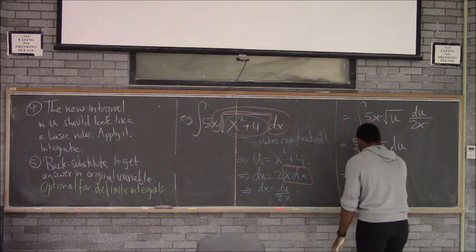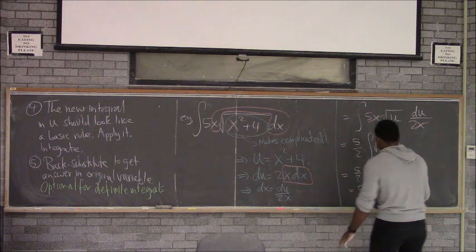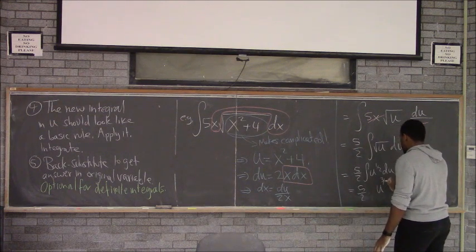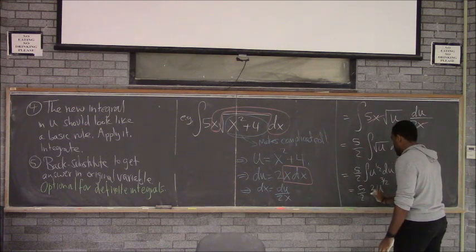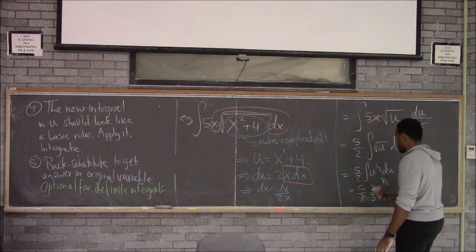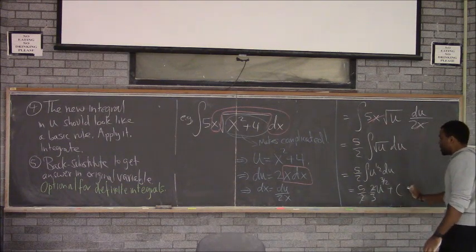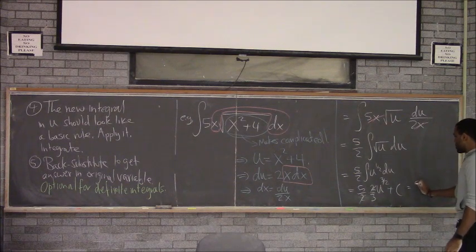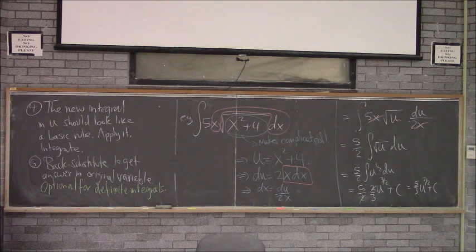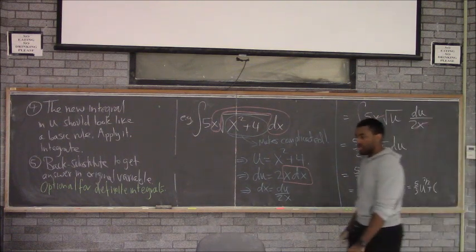So I add 1 to the power, I get 3/2, divide by the new power, 2/3, plus c. So this now gives us 5 over 3 u to the 3/2 plus c. And that's the answer, that's the integral, that's the antiderivative.